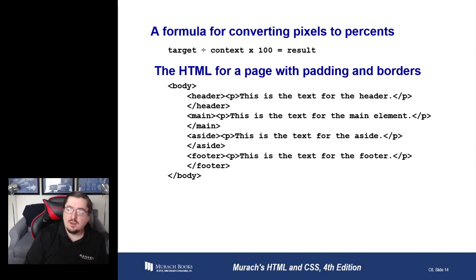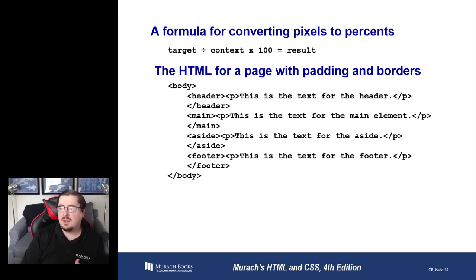Next, I'm dividing by context. Sorry, target is how many pixels I want it to be wide, and context is based on what width it was originally. Okay. So I multiply that by 100. That gives me my resulting percentage.